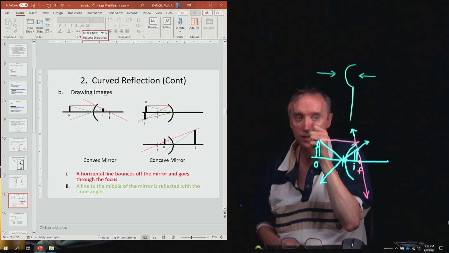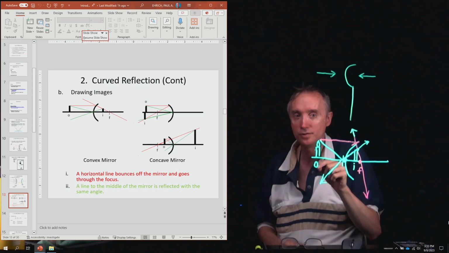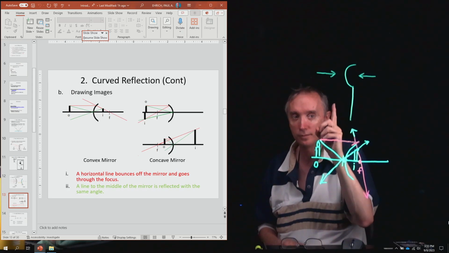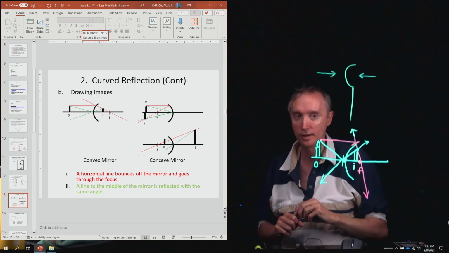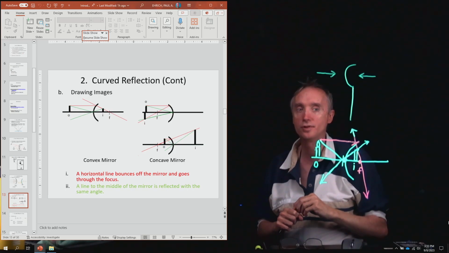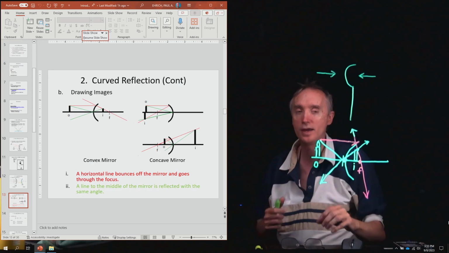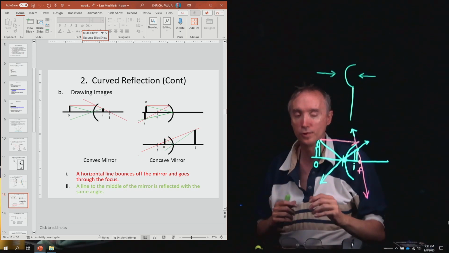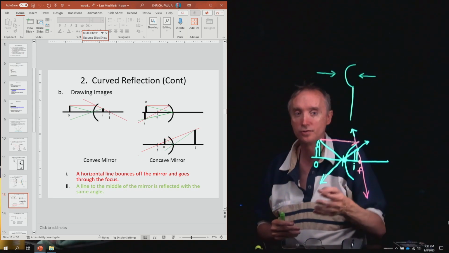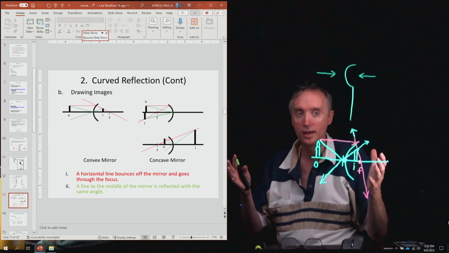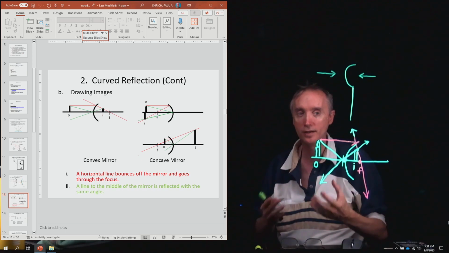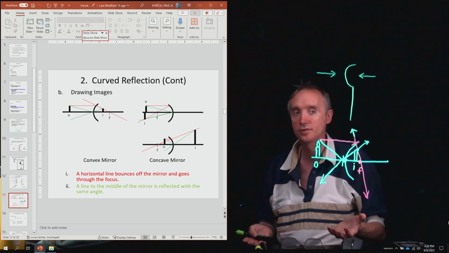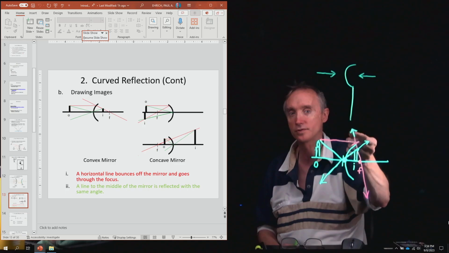What you're going to see is your image is going to be right side up, and it's going to be big when you do that. Okay, this is the principle behind a makeup mirror. So with the makeup mirror, you look into it and your face is big and it's right side up. It wouldn't do you any good to try to put on your makeup if you were upside down. So it's really fortunate that it works out this way.